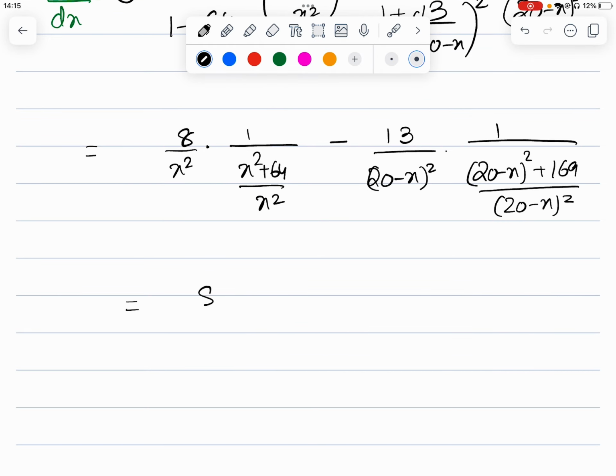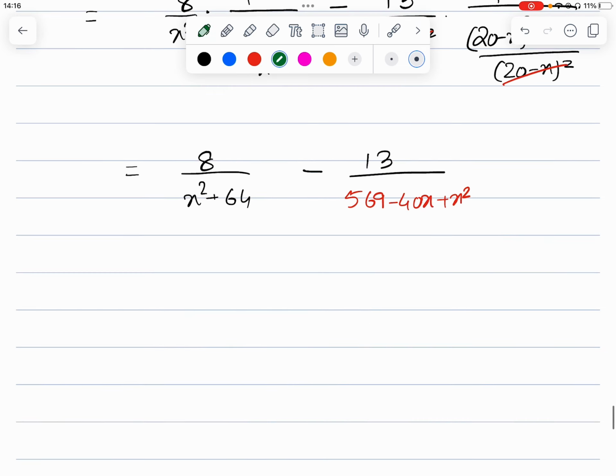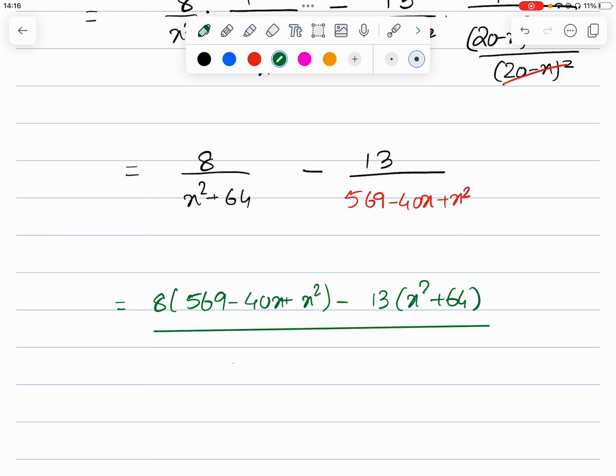So simplify that one. It becomes 8 upon x square plus 64 minus 13 upon 20 minus x whole square, which gets cancelled. I'm directly writing x square minus 40x plus 569. Simplify that. It becomes 8 times x square minus 40x plus 569 minus 13 times x square plus 64, divided by x square plus 64 times x square minus 40x plus 569.